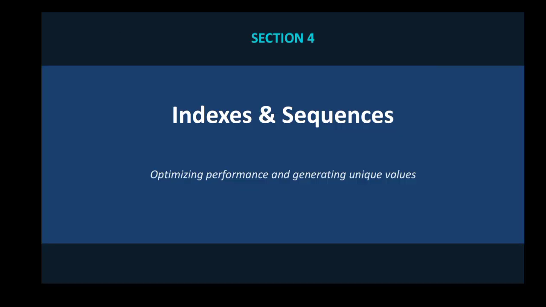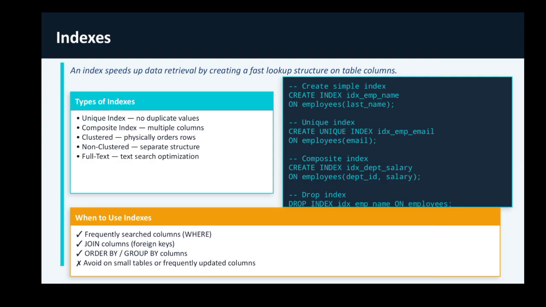We now move to performance and data integrity, the domain of indexes and sequences. An index is a database structure that enables faster data retrieval by creating a lookup path on one or more table columns, similar to the index which we use at the back of a book. There are several types of indexes.